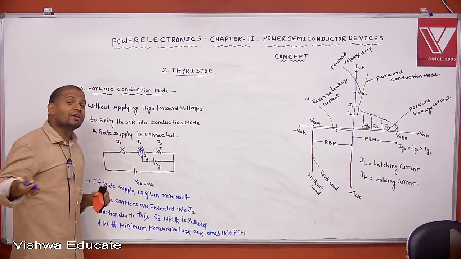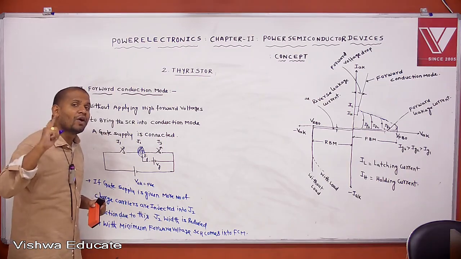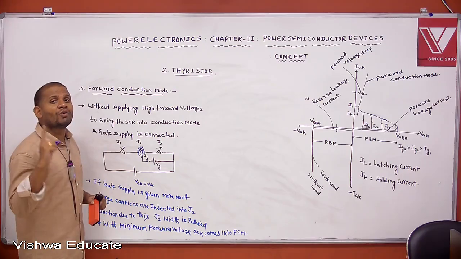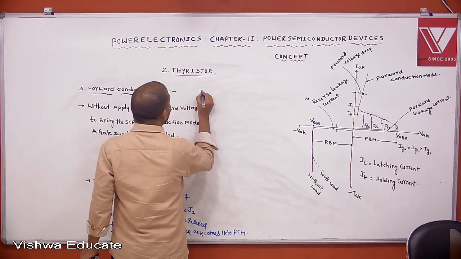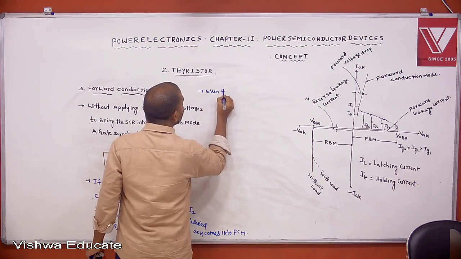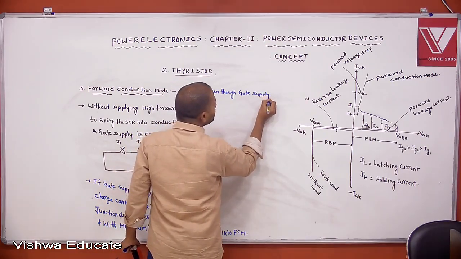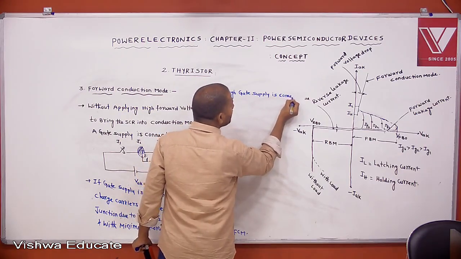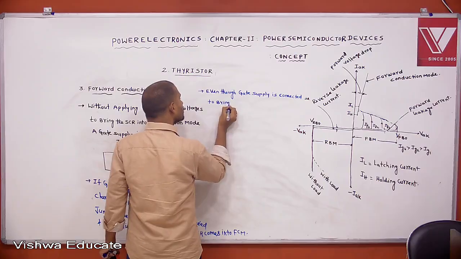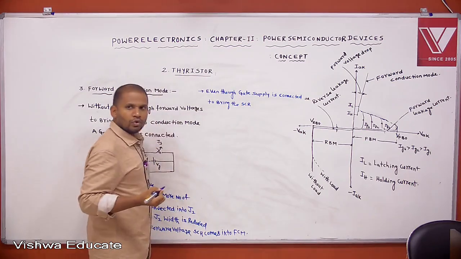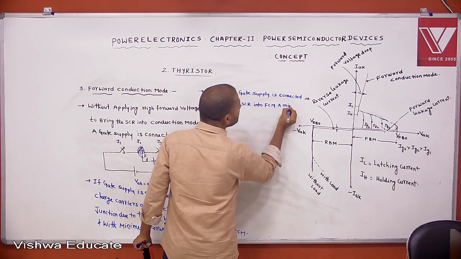Even though gate supply is connected, to bring the SCR into forward conduction mode, a minimum forward voltage is required.